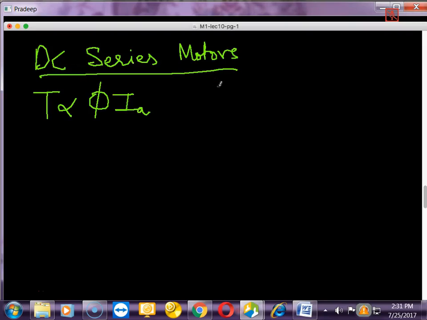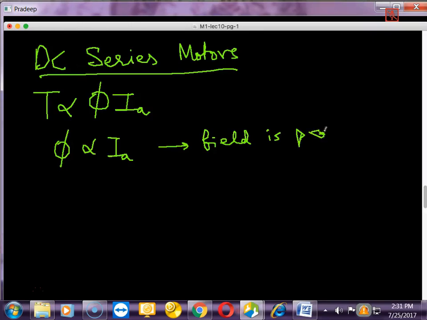Whereas in DC series motors, flux is also proportional to Ia. This is in series machines.